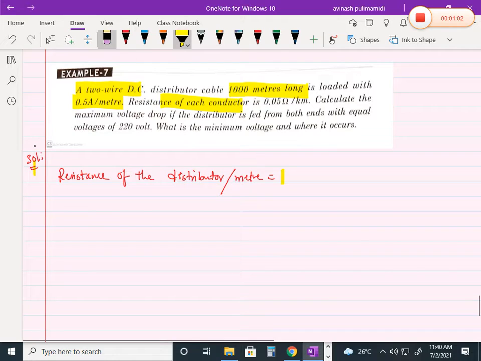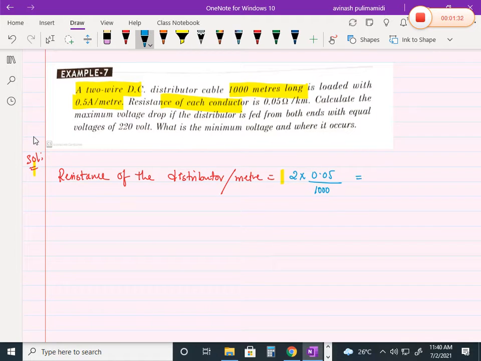Now we will write here: the resistance of the distributor per meter is 2 multiplied by 0.05. Resistance is given per kilometer, but the length of the distributor is given in 1000 meters, so for that reason divide by 1000.